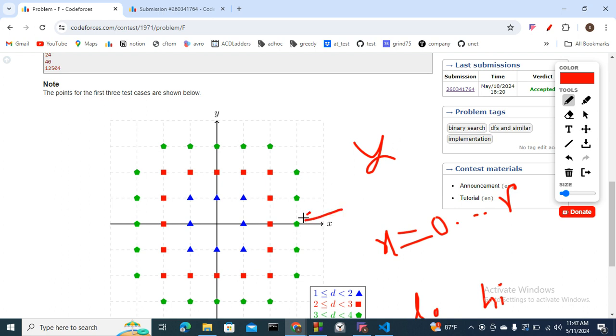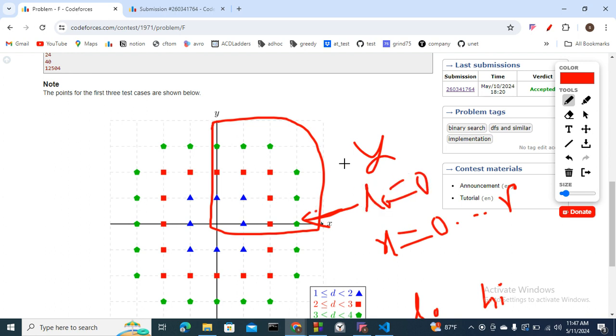Here, if we only consider this box, the first coordinate, then the low will be 0 and the high will be 2, and it is for x equals 0, 1, 2.